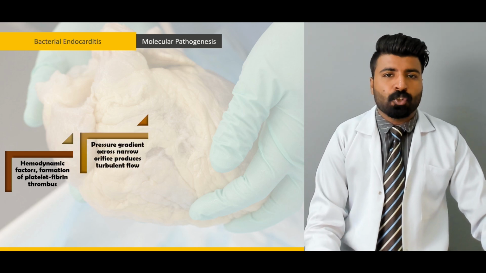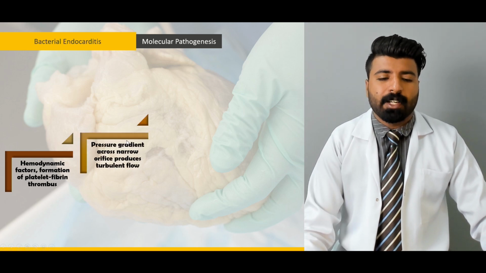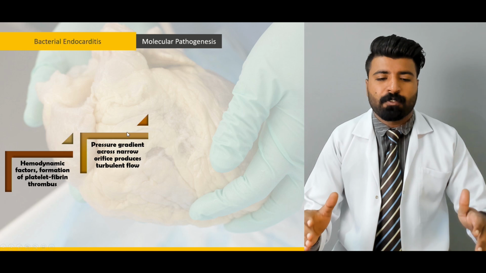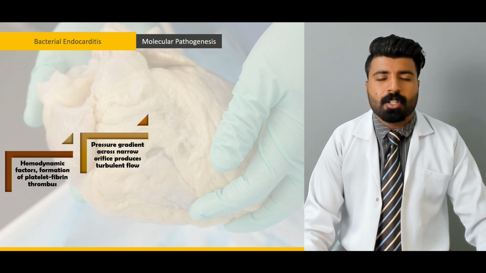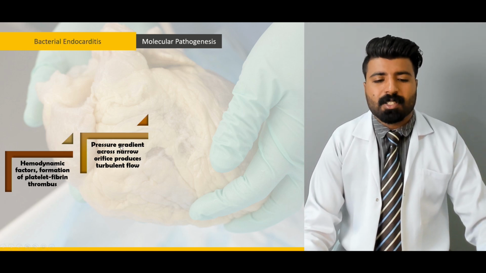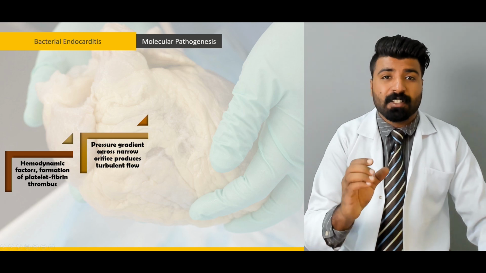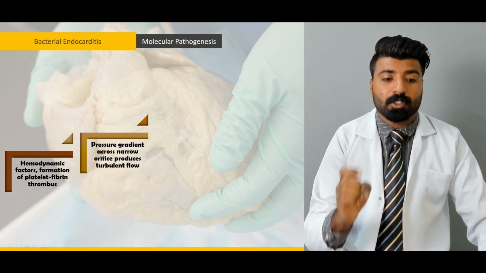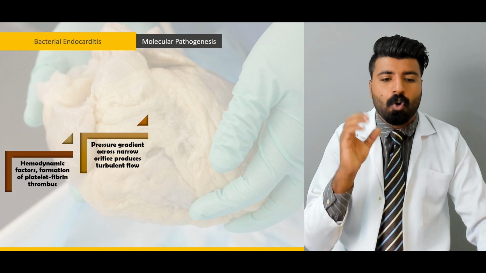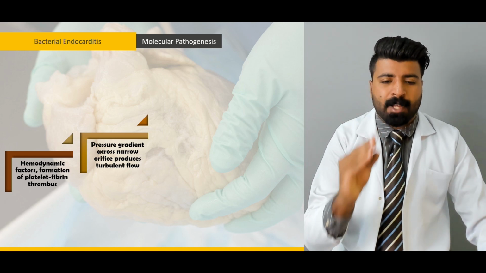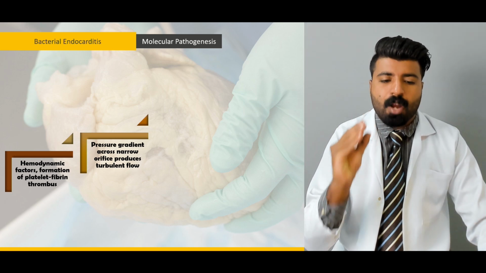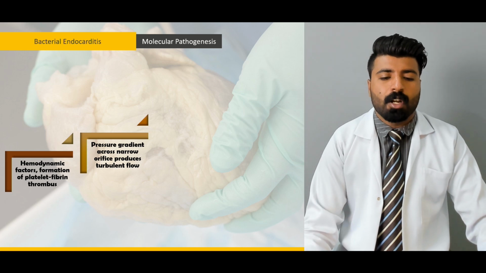When platelet fibrin thrombus is developed, the pressure gradient across the narrow orifice produces turbulent flow. That orifice has been narrowed because of rheumatic fever, and this narrow outlet has produced turbulent flow.